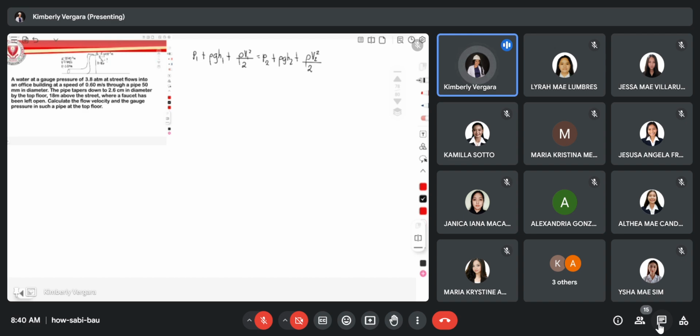As you can remember, according to our continuity equation, our mass flow rate is always equal at the inlet and also at the outlet.